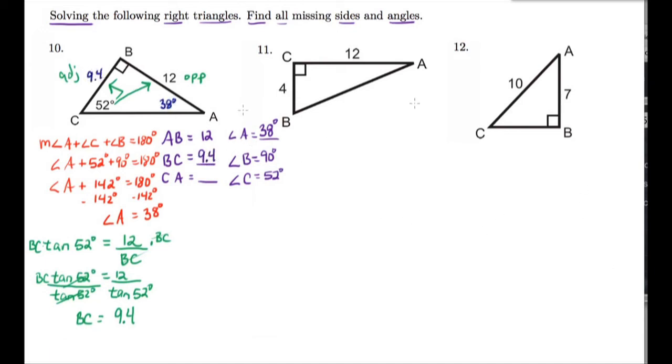Now I can find side CA, which is the hypotenuse of the right triangle. And I can use sine this time because I know the opposite side is 12. Since 12 is a given value, it's better to go with sine instead of cosine in this case, because 9.4 is a rounded value.